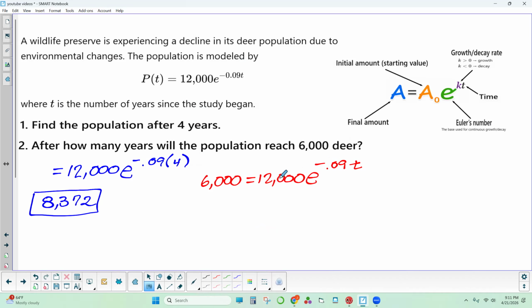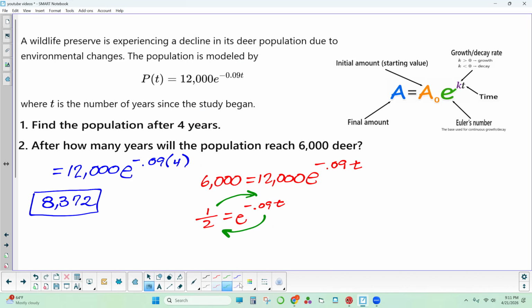So I'm going to divide both sides by 12,000, which gives me 1/2. And now I can write this as a natural log. When we write this in logarithmic form from exponential, we switch the argument and the exponent, and the base stays the same.